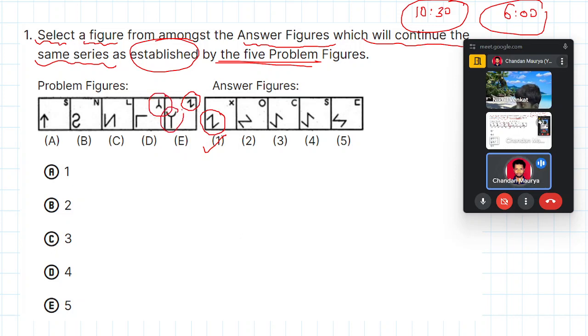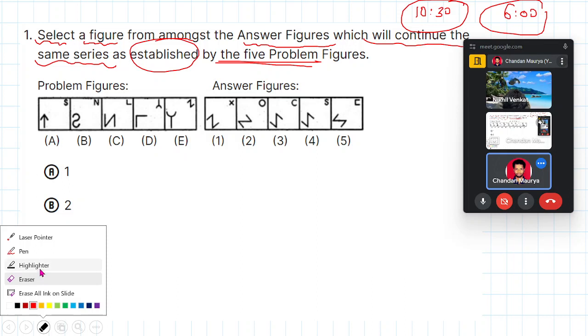But we want the exact inverted figure. This is exactly the same, so option number one is definitely wrong. This cannot be the correct answer.